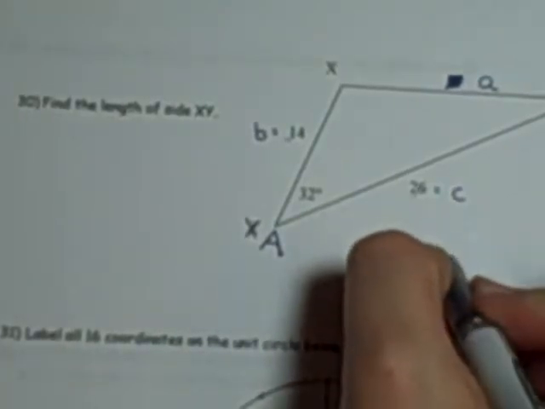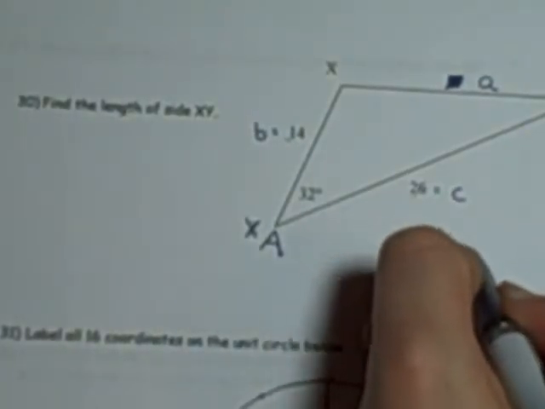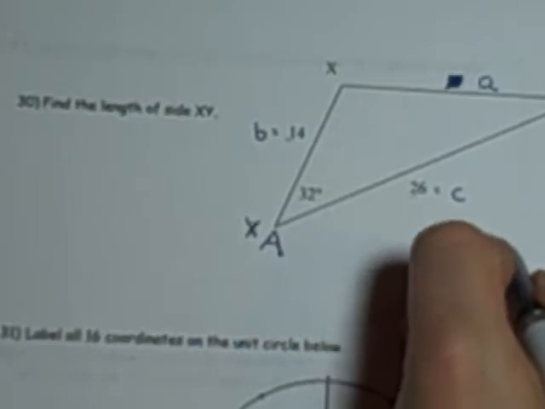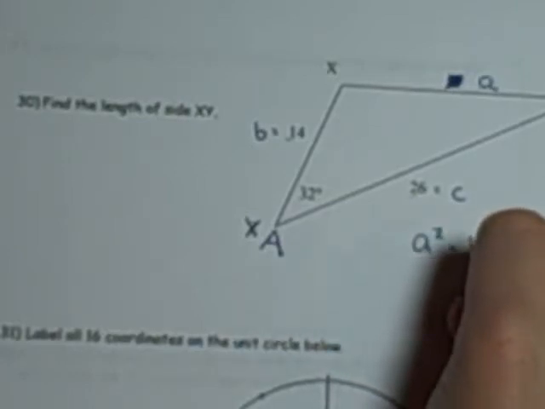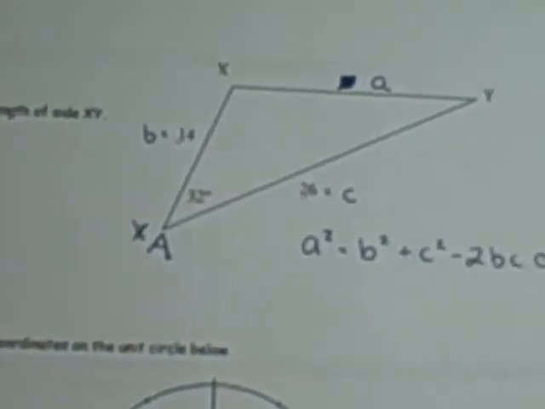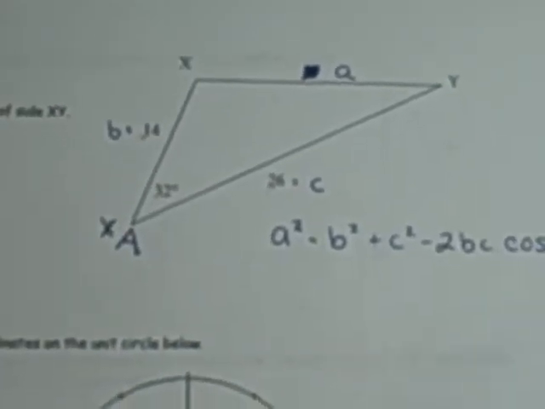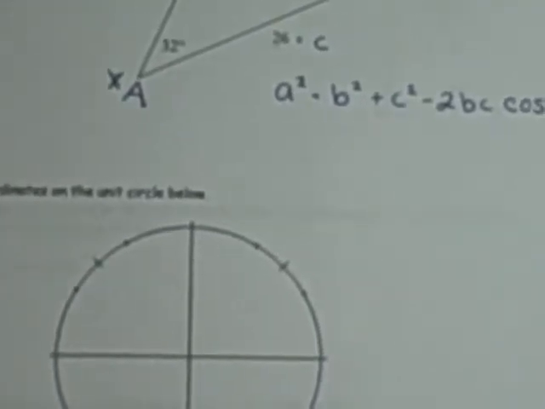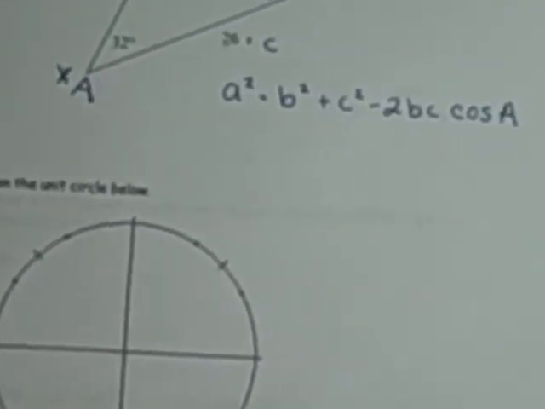Okay. Here's my formula for law of cosines. It says a squared is equal to b squared plus c squared minus 2bc cosine of angle A. All right, hopefully you can see that now.